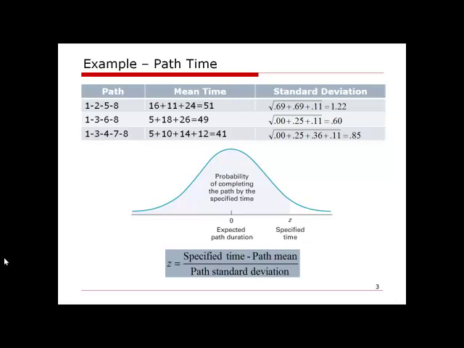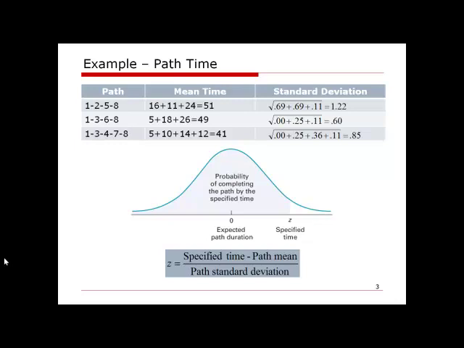That is what we use to describe this path time distribution. With these two parameters and the normal distribution assumption, we can calculate the probability that this path is done within 50 weeks.